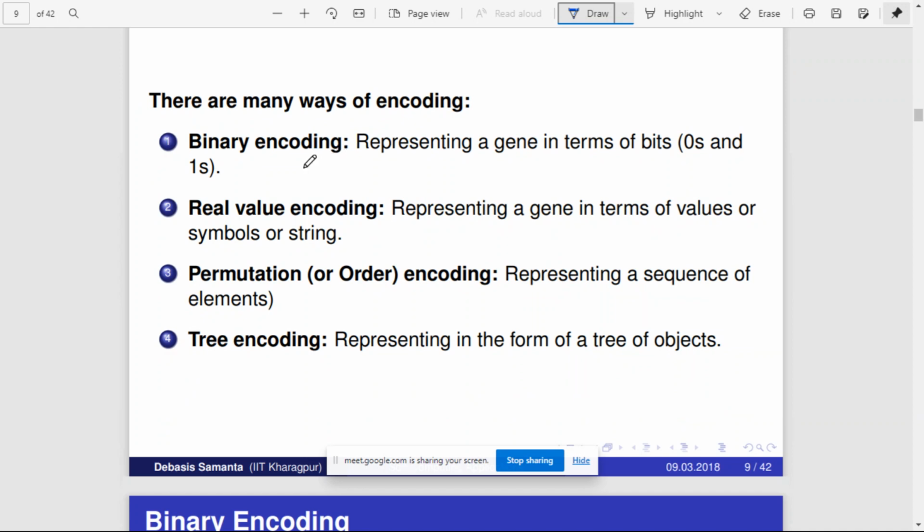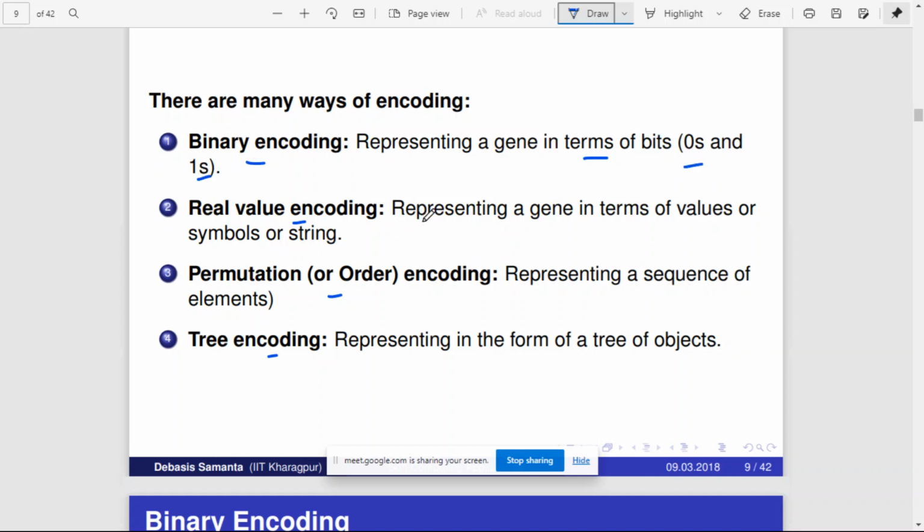So these are the four encoding schemes which we are going to discuss: binary encoding, real value encoding, order encoding, and tree encoding. In binary encoding, we represent the gene in terms of bits, a combination of zeros and ones.